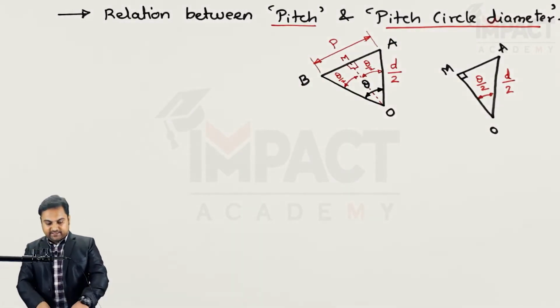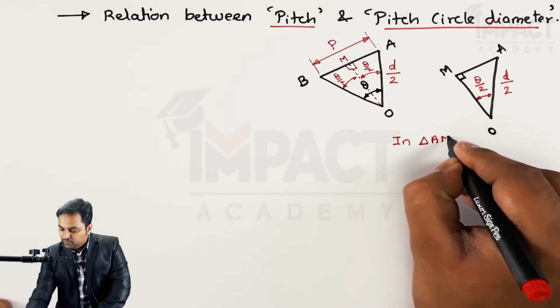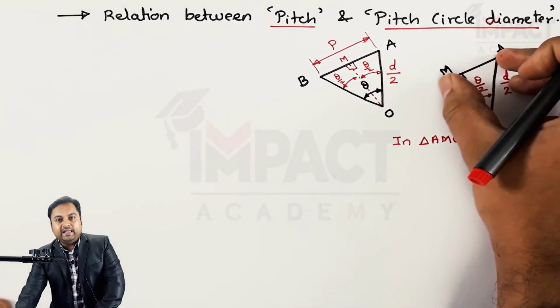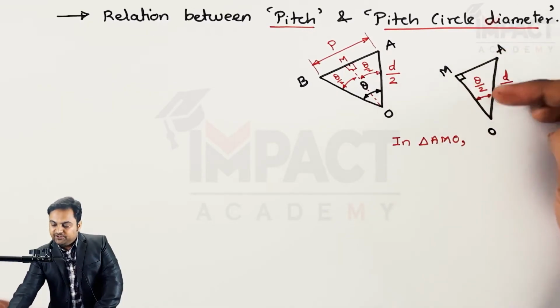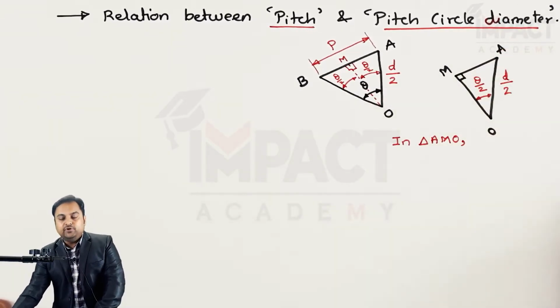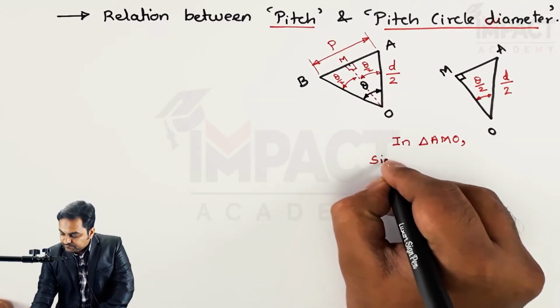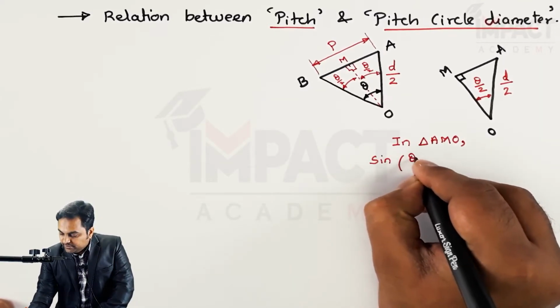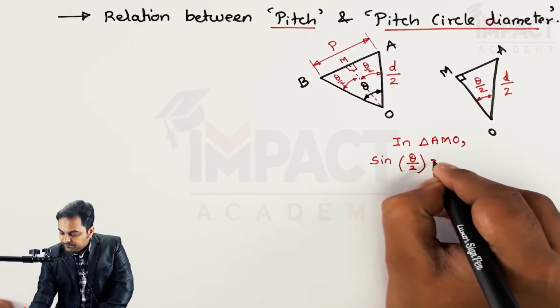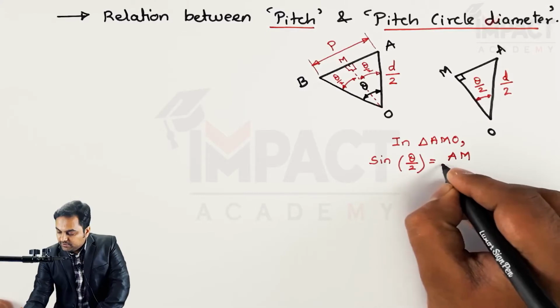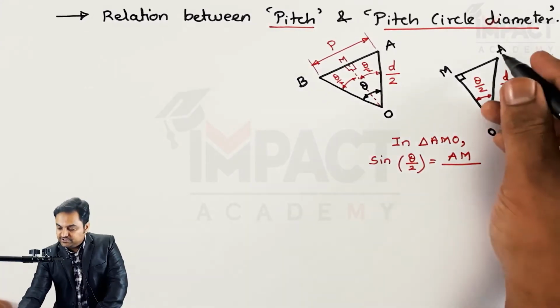So in triangle AMO, now I want AM. This is opposite to the theta, so I would be using the formula of sine: sine theta by 2, sine of the angle is opposite side, which is AM, divided by hypotenuse side, which is AO.